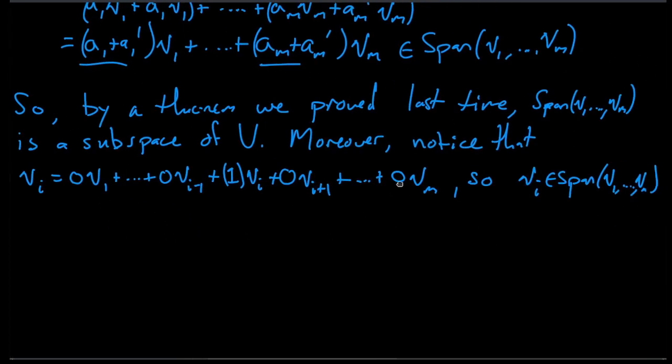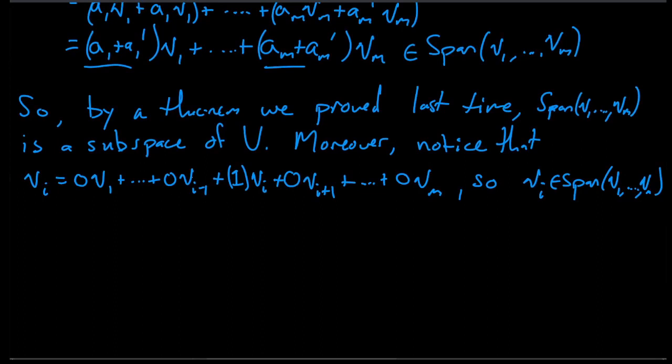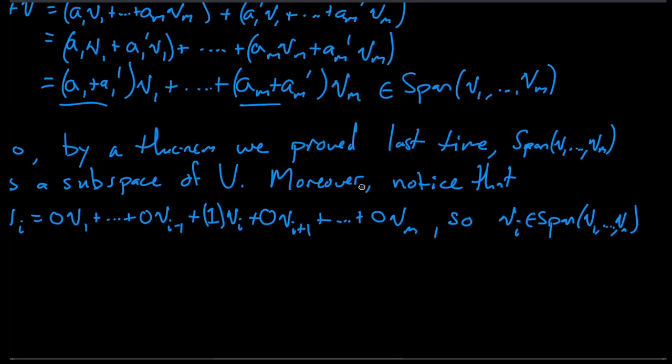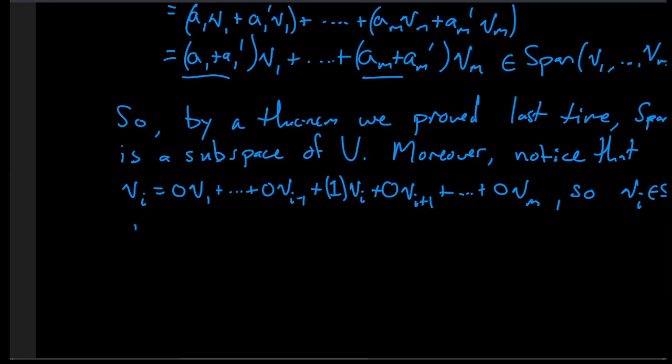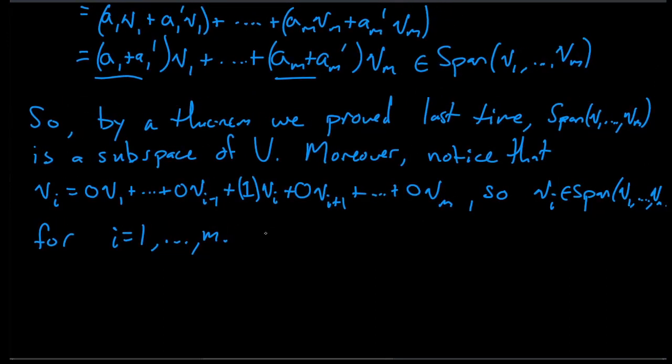But basically what I'm trying to say is, if you take a linear combination with all of the scalars 0 except for the one you want to keep, you put a 1 there, you recover that vector. Pretty nice, right? So you have each one in there, so it contains the whole list. Easy enough.